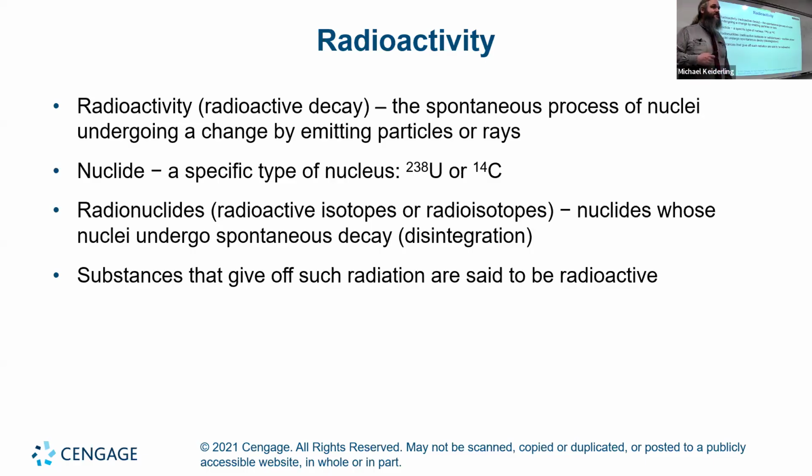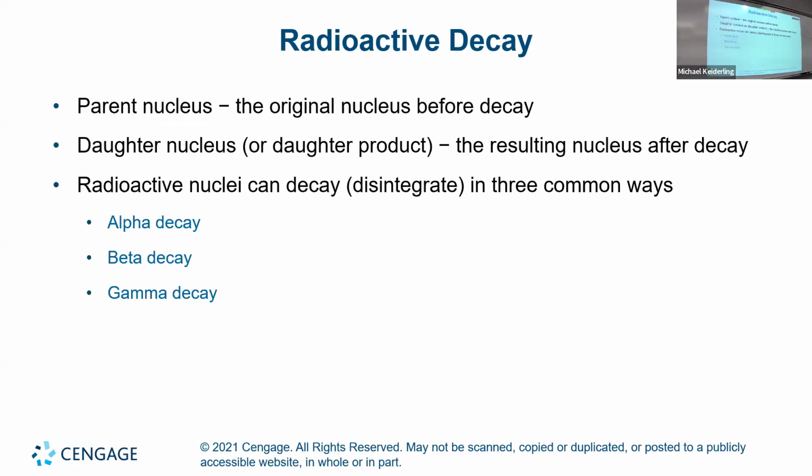Uranium-238 is not very radioactive. I don't remember how it decays off the top of my head. Carbon-14 does decay, and it's used for carbon dating. So when you have radioactive decay, you have some parent nucleus, the original nucleus you had before the decay, and then the daughter nucleus or daughter product, which is the resulting nucleus after the decay.